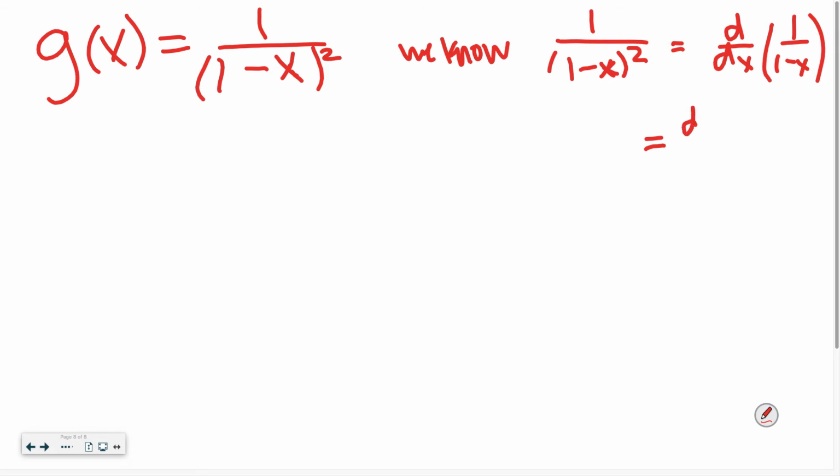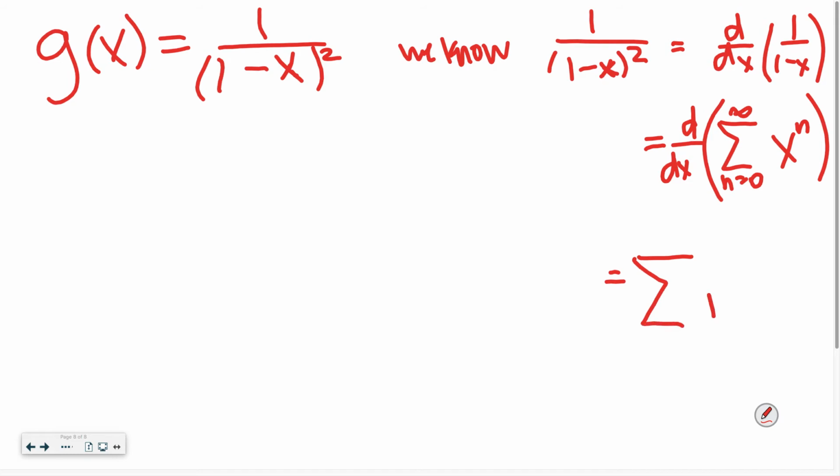Okay, so we know that this is the derivative of our series of just x to the n, right? And we take that.